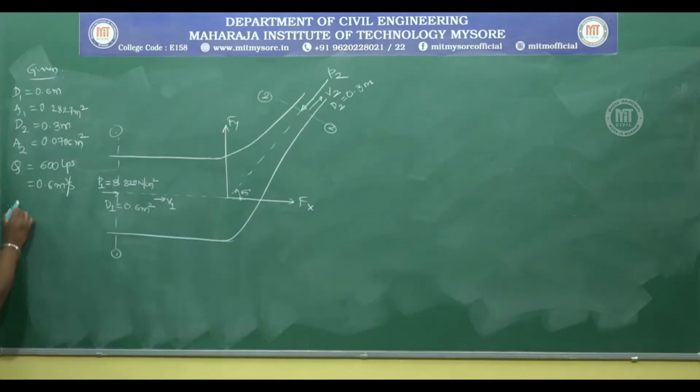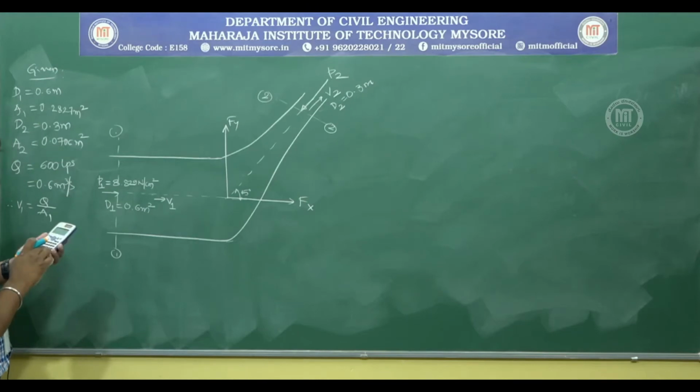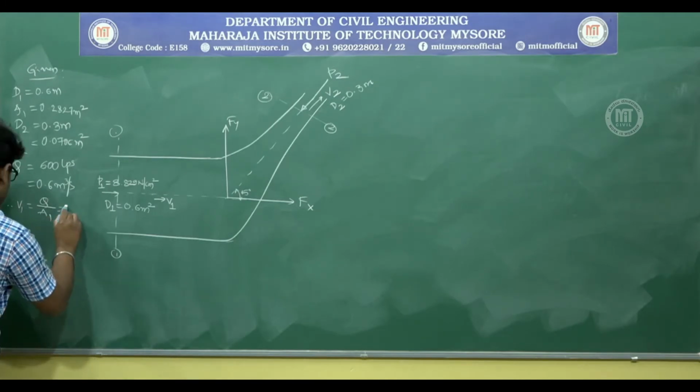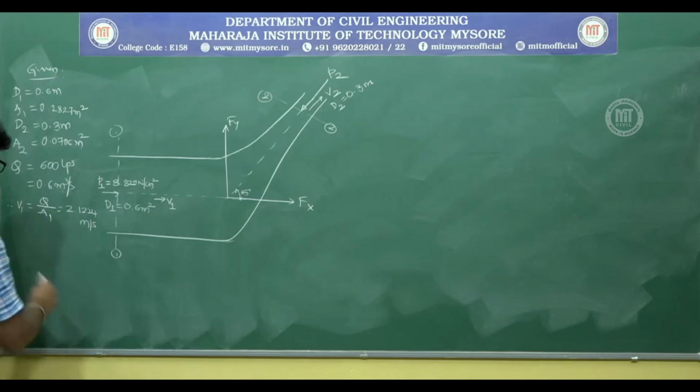V1 is equal to Q by A1, that is nothing but 0.6 divided by 0.2827, which is 2.1224 meter per second.